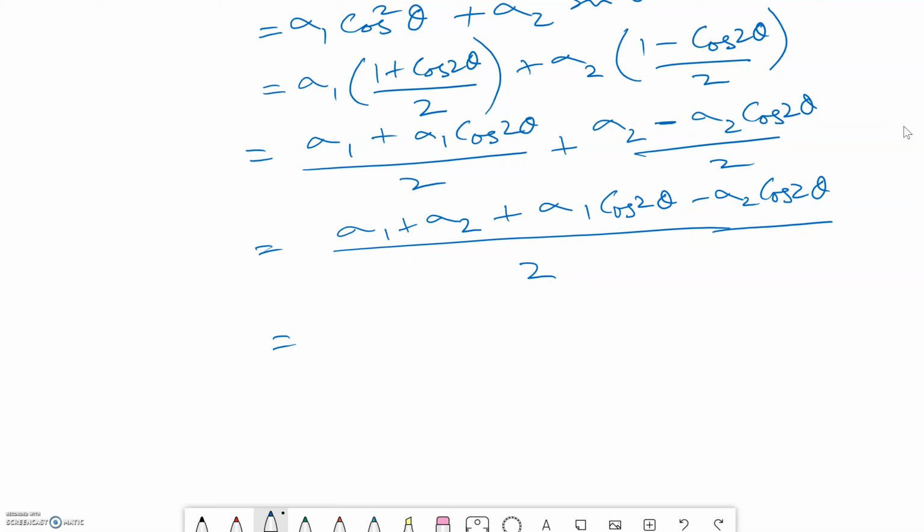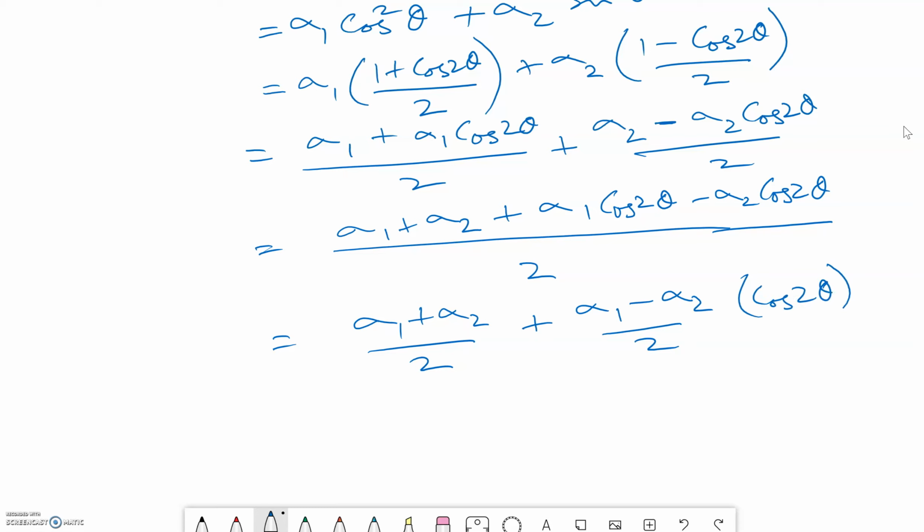Now, I can write sigma 1 plus sigma 2 by 2, plus I can take cos 2 theta, sigma 1 minus sigma 2 by 2, and cos 2 theta. Right, so I've simplified.